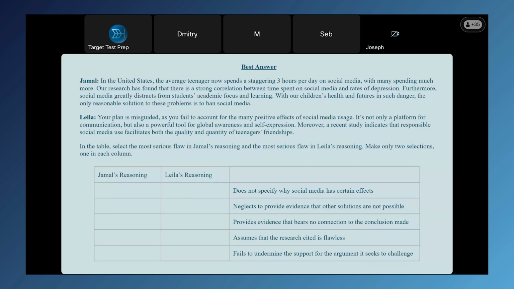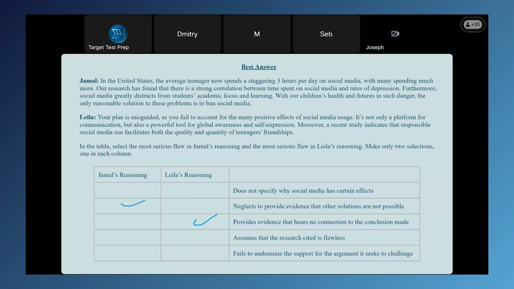So Jamal is saying, hey, these teenagers are spending a staggering 3 hours per day on social media, and our research has found that there's a strong correlation between time spent on social media and rates of depression. Furthermore, it distracts from students' academic focus and learning. With our health and futures at stake, the only reasonable solution is to ban social media.